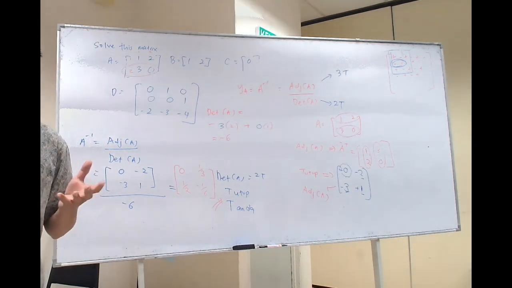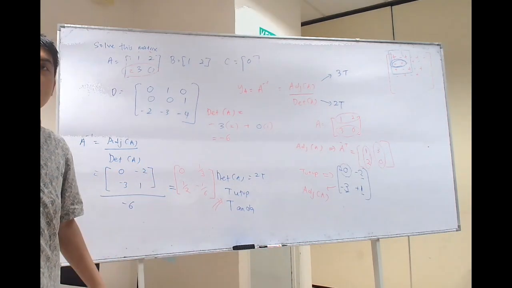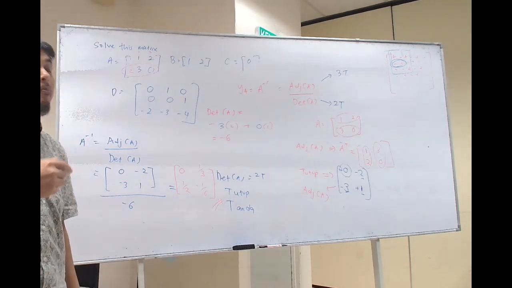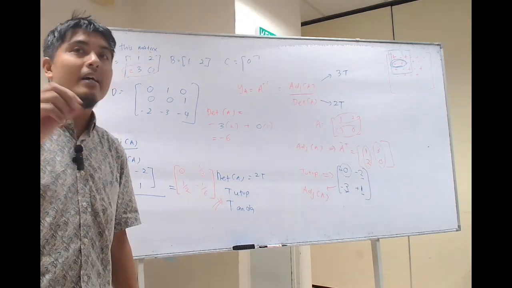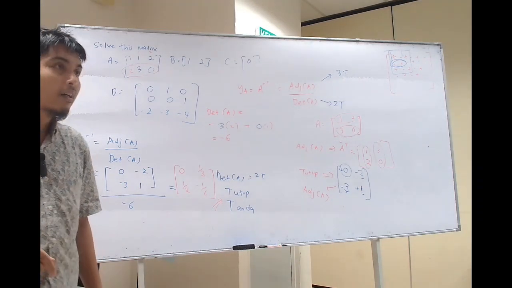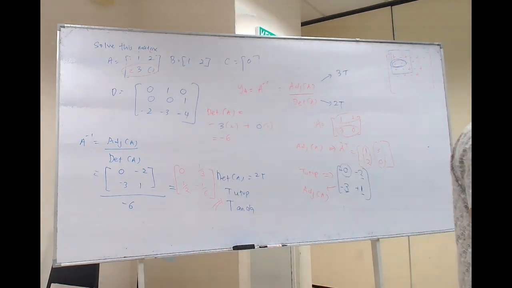So remember, because you will need this fundamental so many times in control. Plus, please remember to get the adjoint, you just remember 3 by 3.